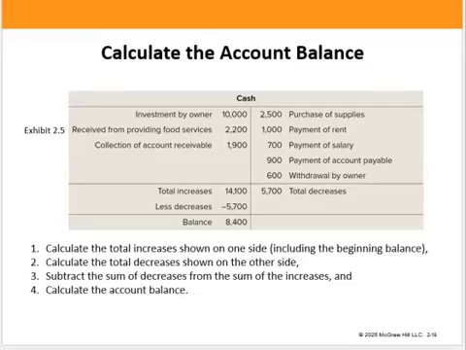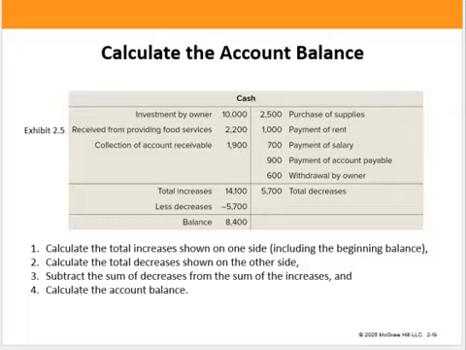Okay, so if you think of the shape of the T account, you've got the left side, and think of the balance sheet. The left side are your assets. And then think of the right side, and the right side is your liabilities and your owner's equity.